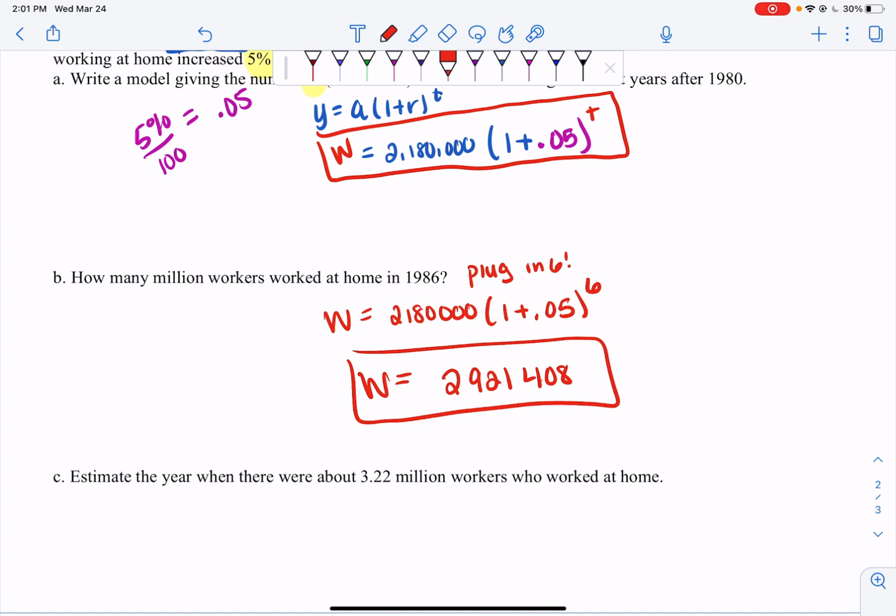Part C, estimate the year when there were about 3.22 million workers who worked at home. So basically we want to find out the year, so we don't know what t is. So t is a variable, sort of like solving for x. So we're going to rewrite our equation, but instead of putting w, we're actually going to put 3.22 million.